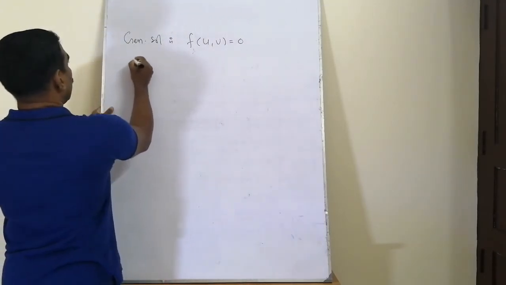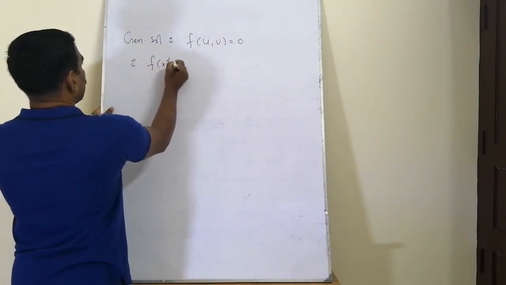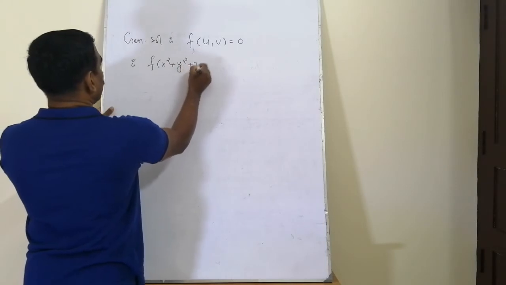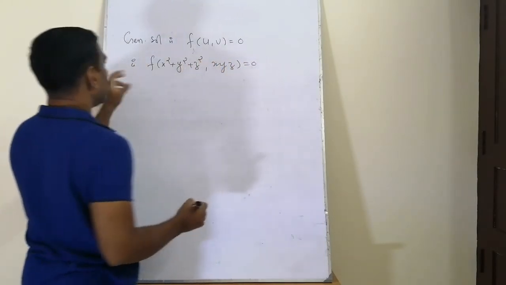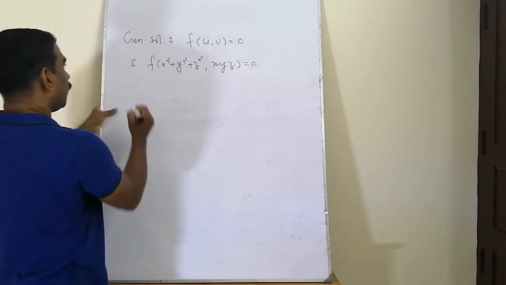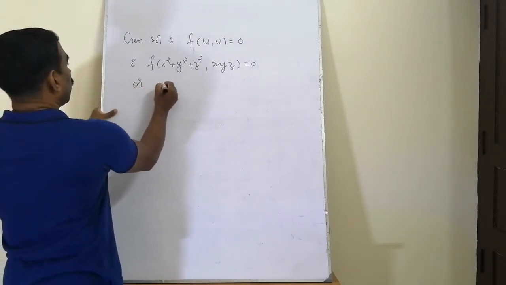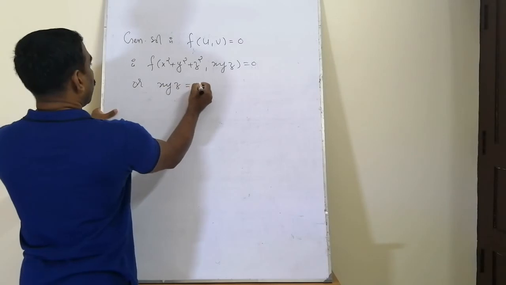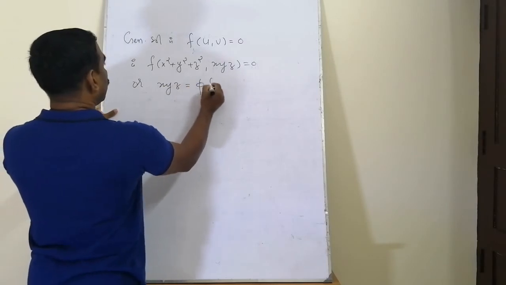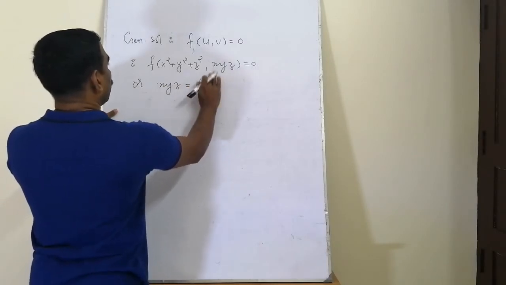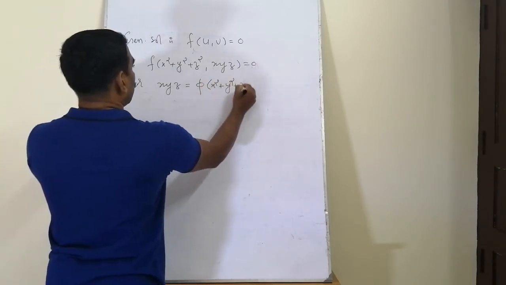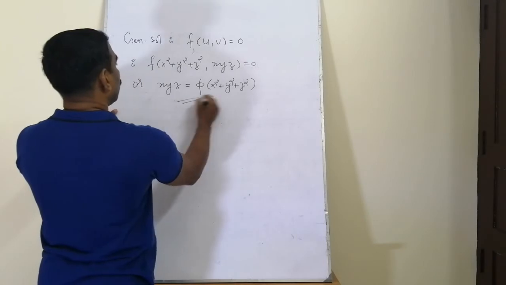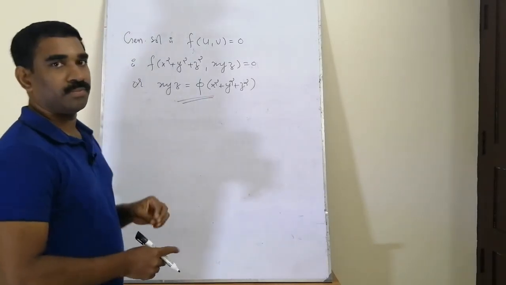That is, f(x² + y² + z², xyz) = 0, where f is an arbitrary function. Or we can modify this solution in the form xyz = an arbitrary function φ of (x² + y² + z²). This is an alternative form of representing the same family of solutions in terms of an arbitrary function.